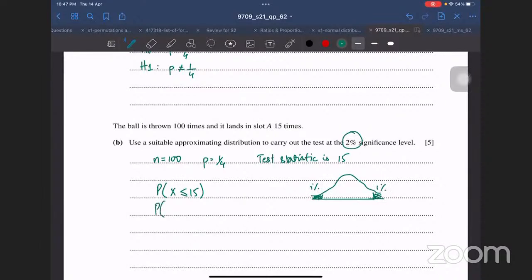So use an approximating distribution. I'm going to have to convert this into something. I will see if I want to convert this into a Poisson distribution or a normal distribution. A normal distribution seems likely because p is very high, 25%. For Poisson, it should be lower. First, I will do the continuity correction.